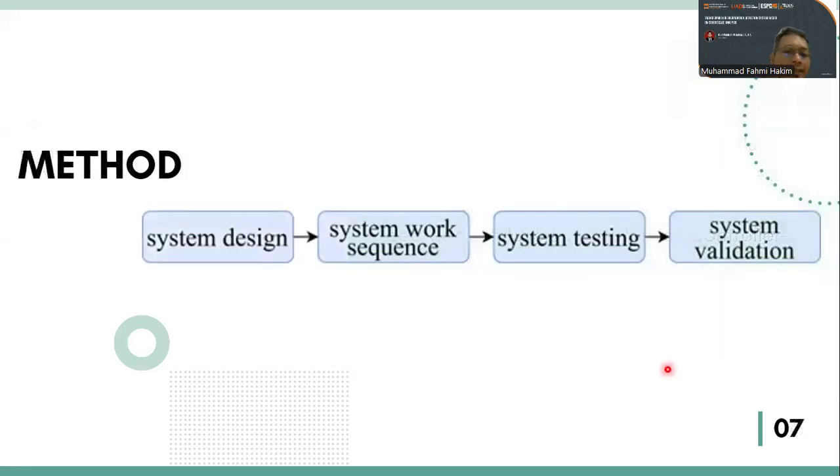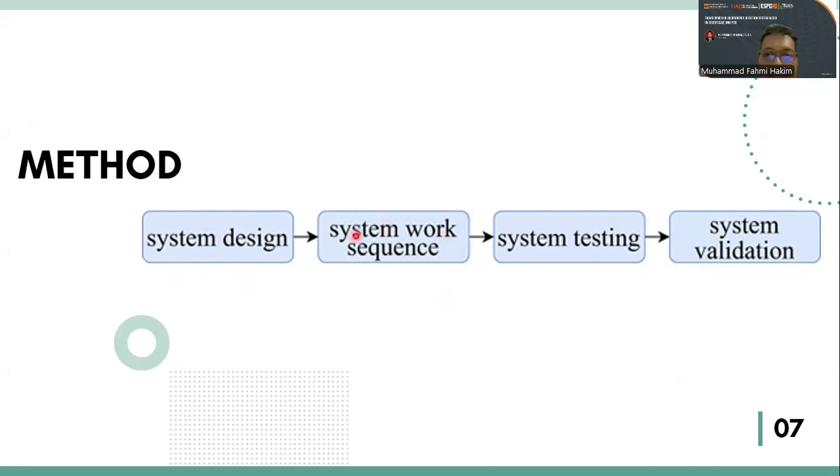Next, the next section is method. There are several stages presented in the research method. The first is system design, in which we will show the design of the prototype.